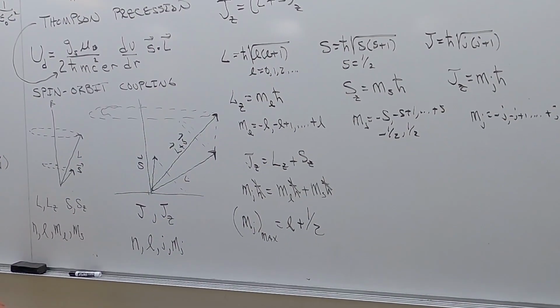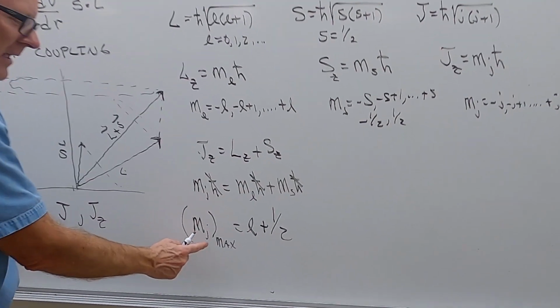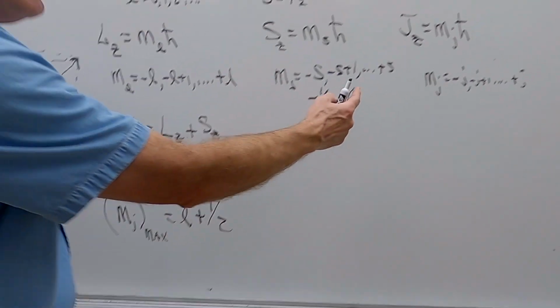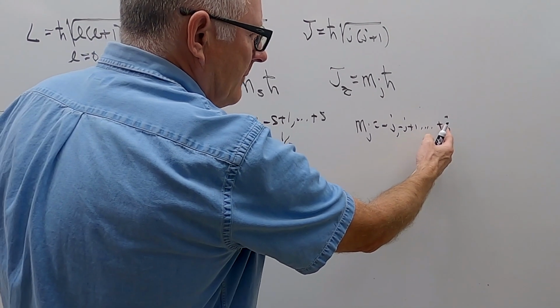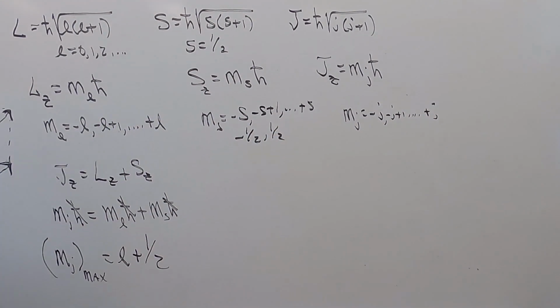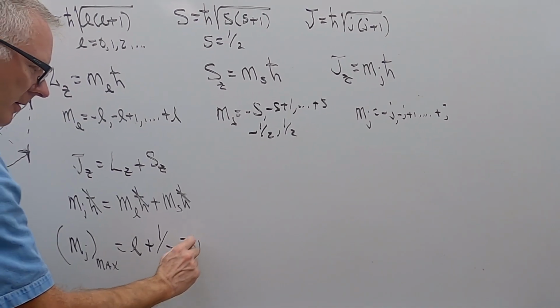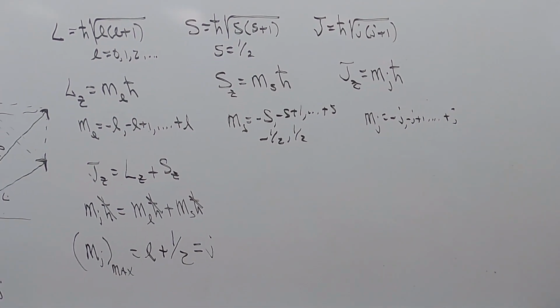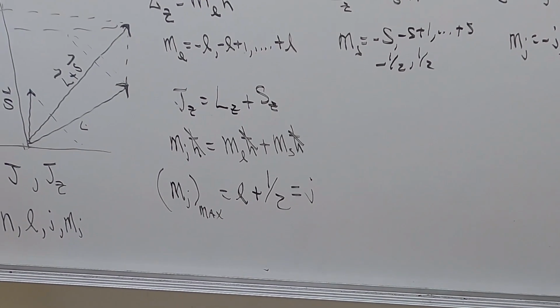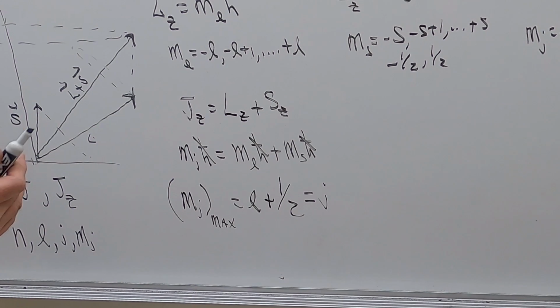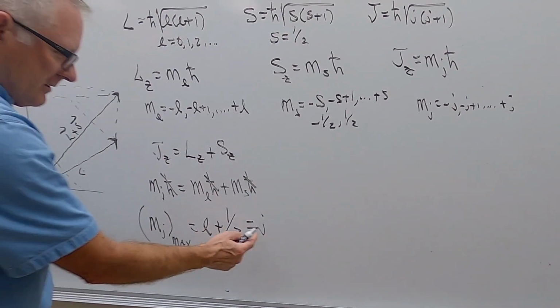So there is the maximum of m sub J. Well, we already said over here that the maximum of m sub J is J right here. Now, it looks like this.